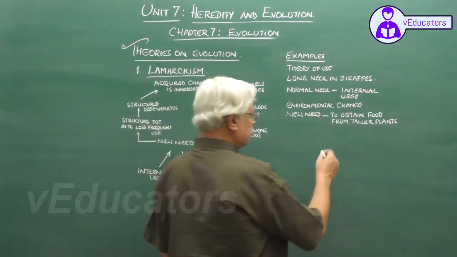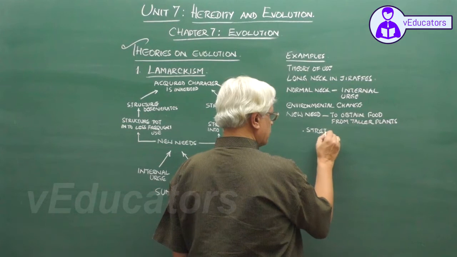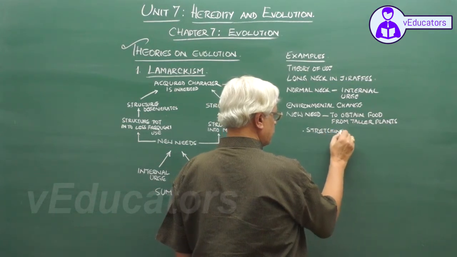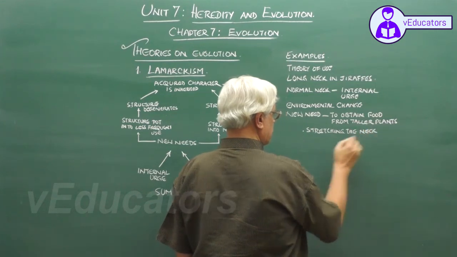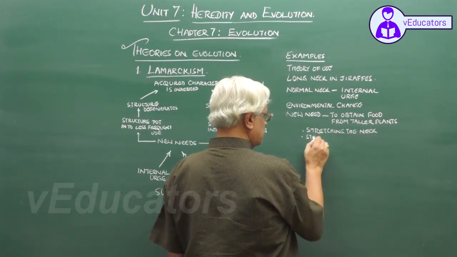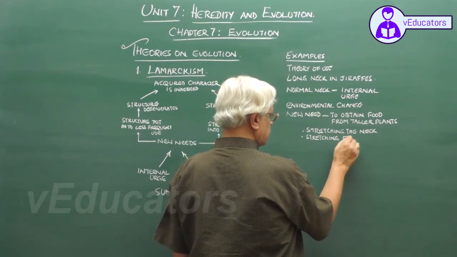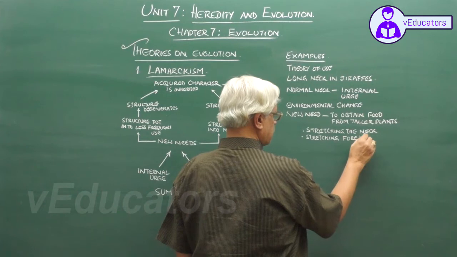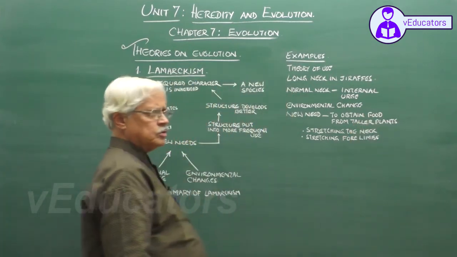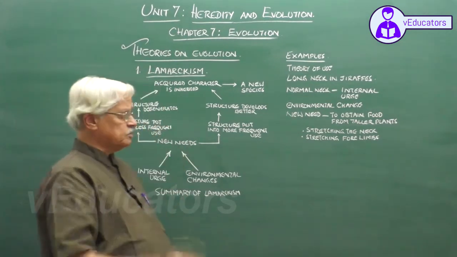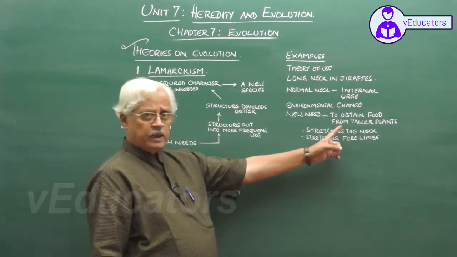So they started stretching the neck, and at the same time they started stretching the forelimbs. So stretching the neck and stretching the forelimbs enabled them to reach taller plants.